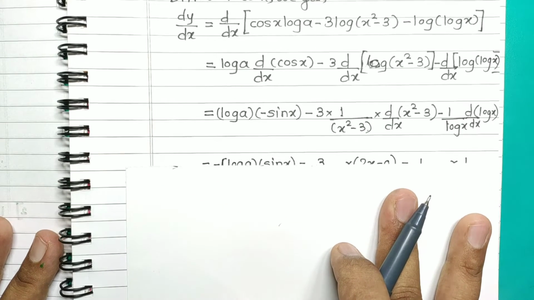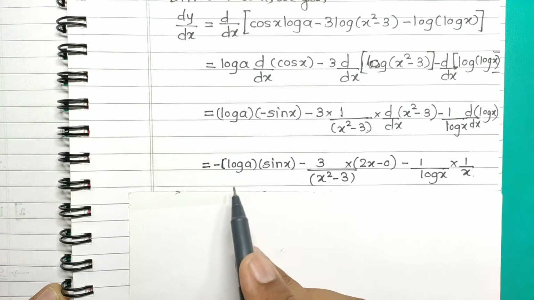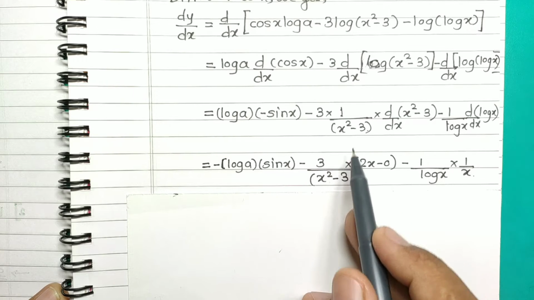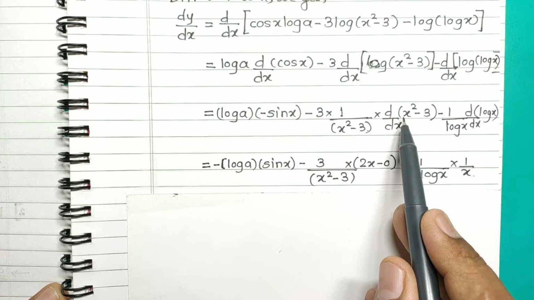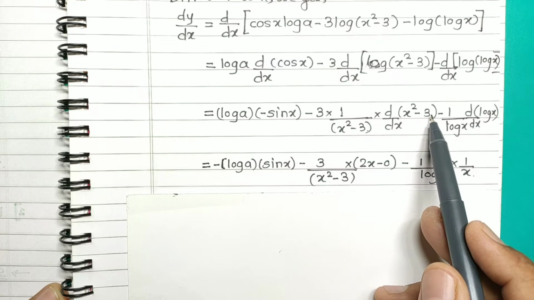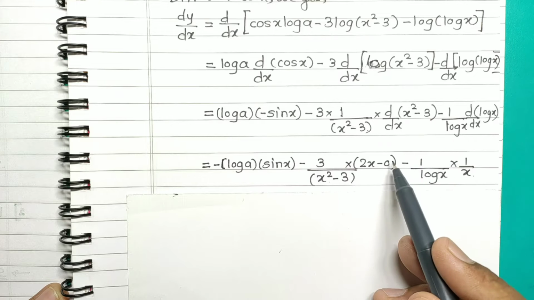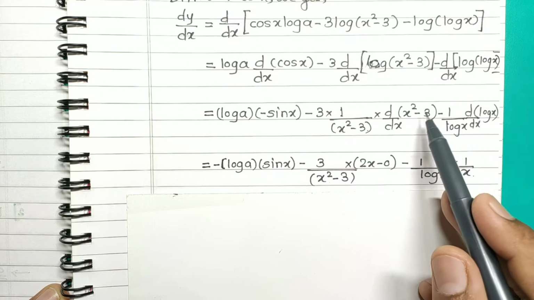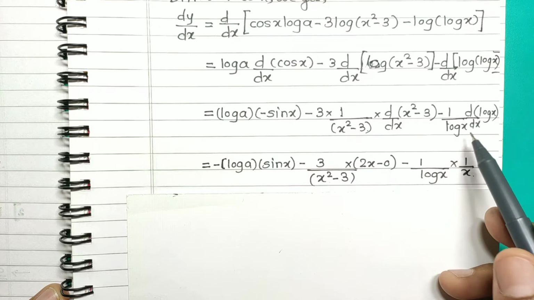So see, first term as it is, minus log a into sin x, minus 3 by this x square minus 3, and see this derivative of x square is 2x and derivative of 3 which is constant, so it is 0. So this derivative is 2x minus 0.